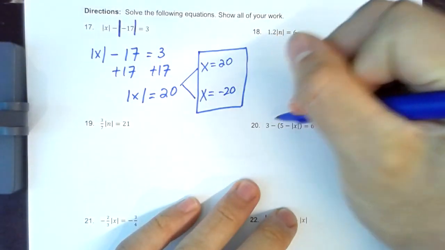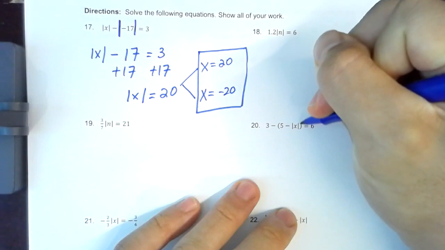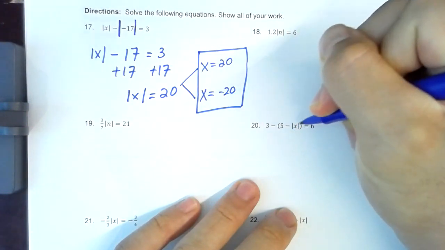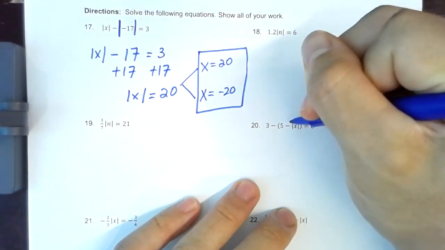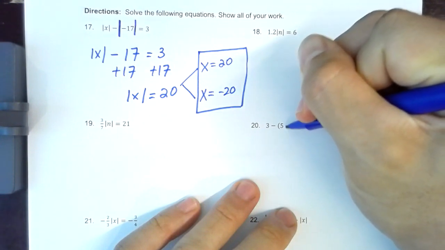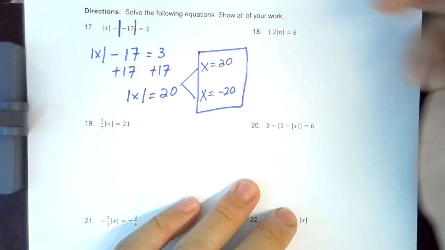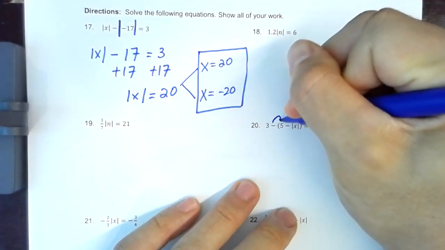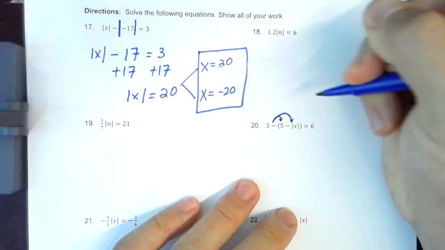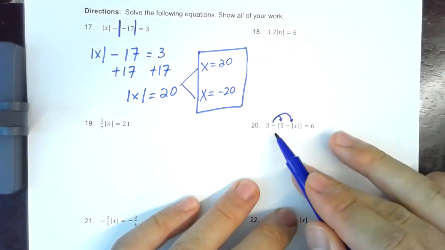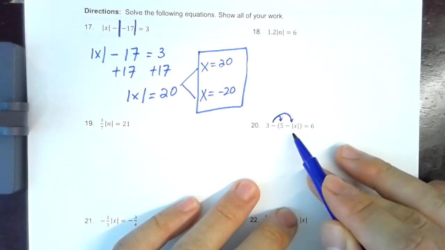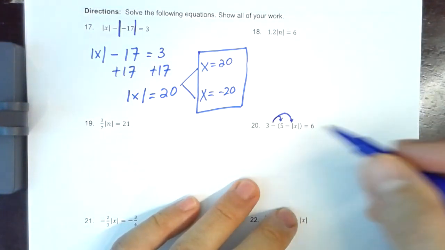So 20, I see that there's a negative outside of this group, which we are allowed to distribute into. But like I said, you are never allowed to distribute this negative into that absolute value. So you have to be very, very comfortable and understand what we're doing. We are distributing the negative, but we're not distributing the negative inside the absolute value.